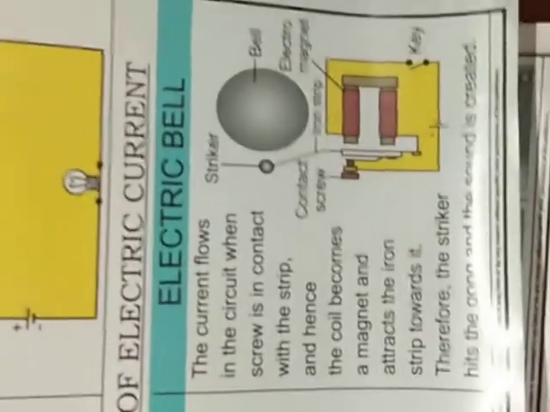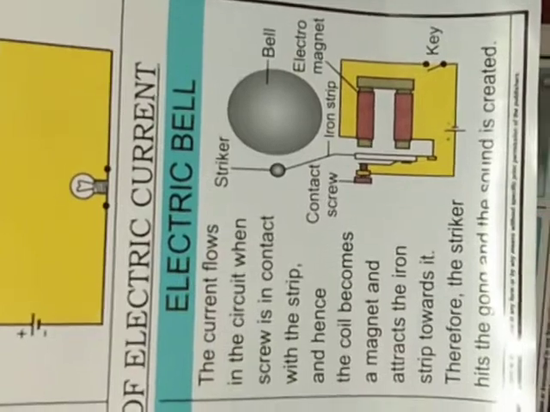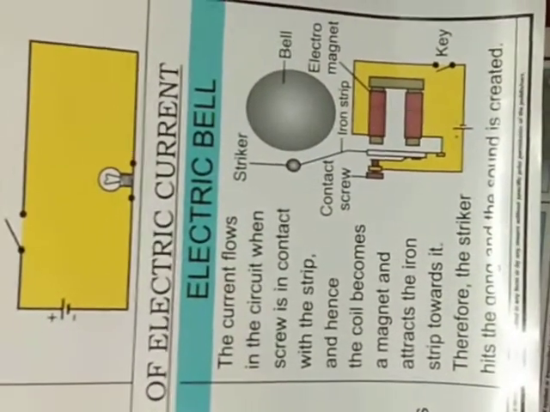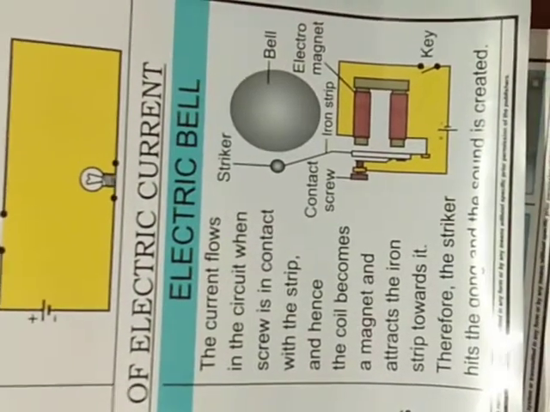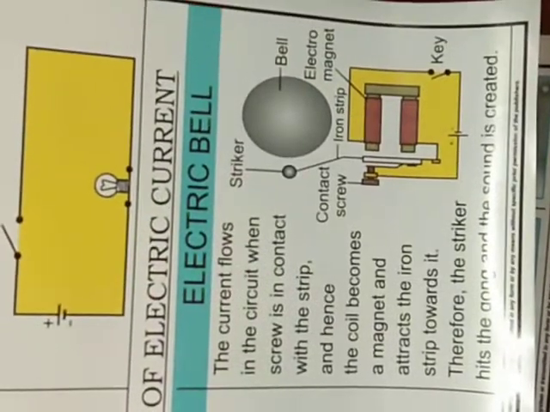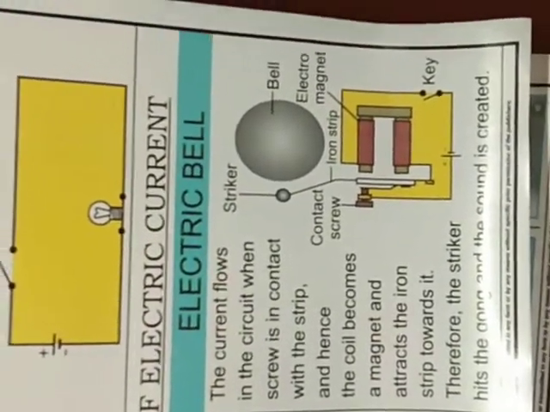Then the electrical bell. The current flows in the circuit when the screw is in contact with the strip, and hence the coil becomes a magnet and attracts the iron strip towards it. Therefore the striker hits the gong and sound is created.